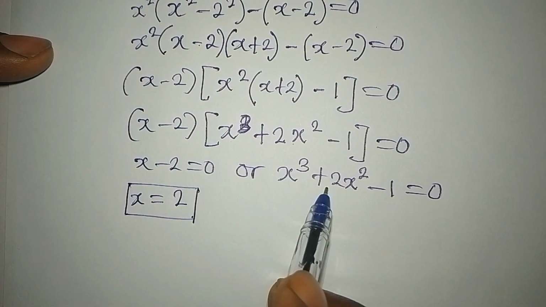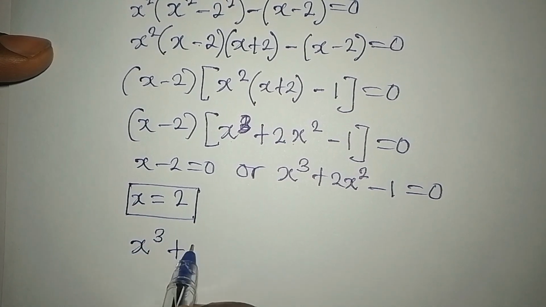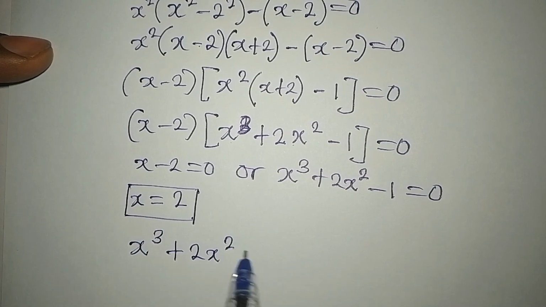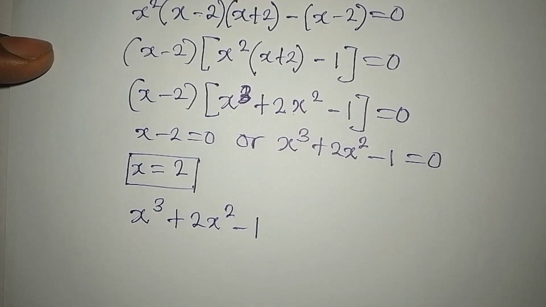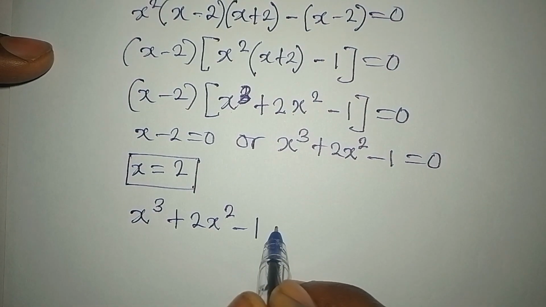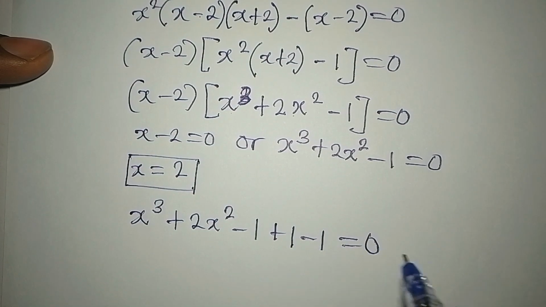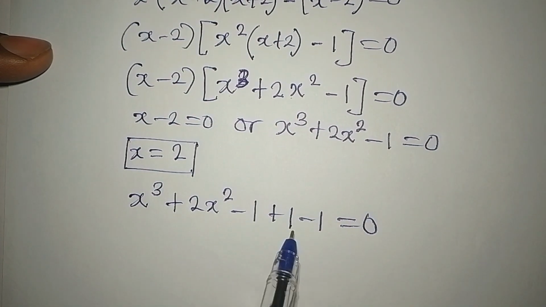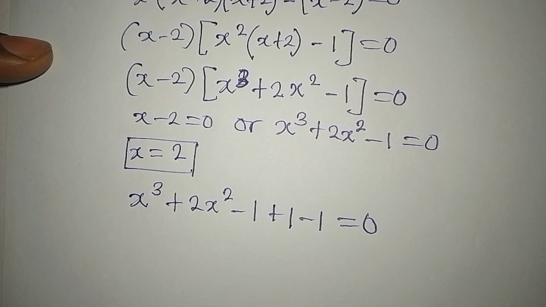Now I'm going over to this, and I have x to the power of 3 plus 2x squared minus 1 to be equal to 0, right? But what if I manipulate and I write plus 1 minus 1 to be giving us 0? Remember, 1 minus 1 is nothing, so this equation has not changed in any way.